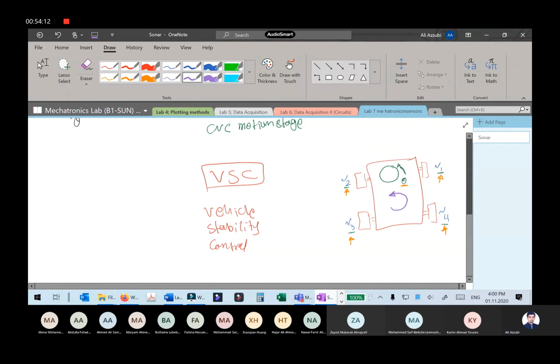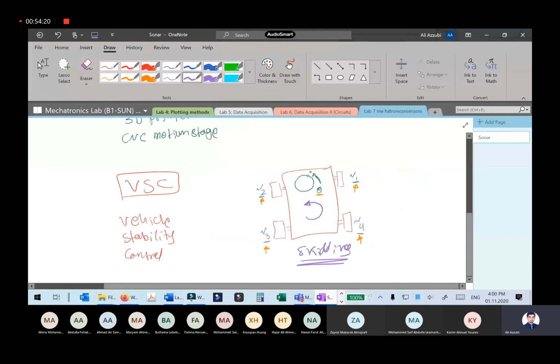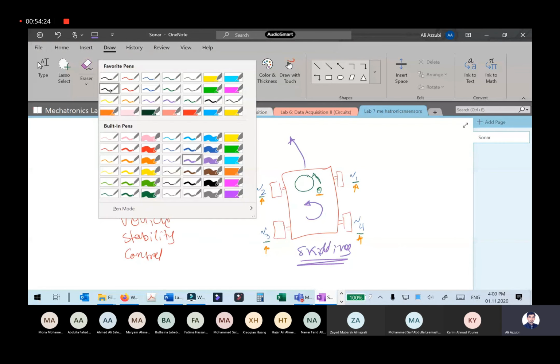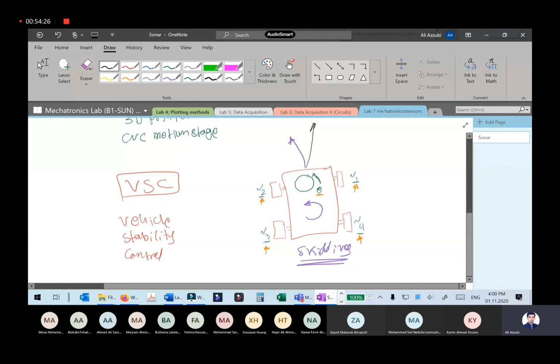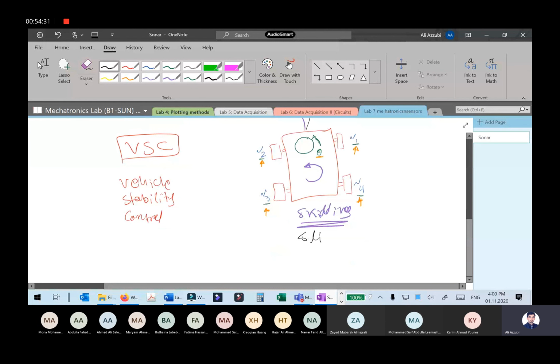You all know skidding. Basically, when for example you steer the car this way, but instead it goes straight or another way, due to slippage.